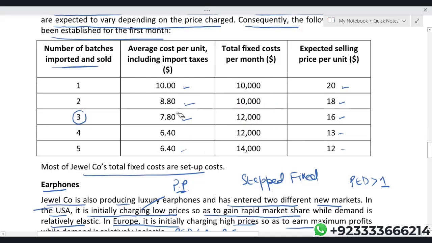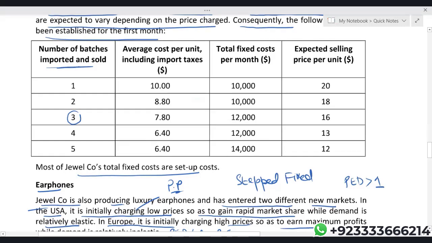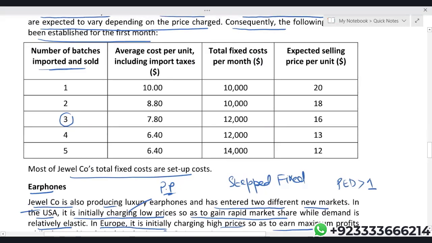And one batch means 1,000 units, which we know. Now, please, let's see. Average cost per unit, including the import tax, is 10. Expected selling price is 20. Okay.